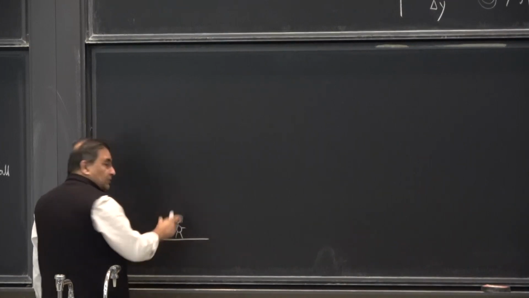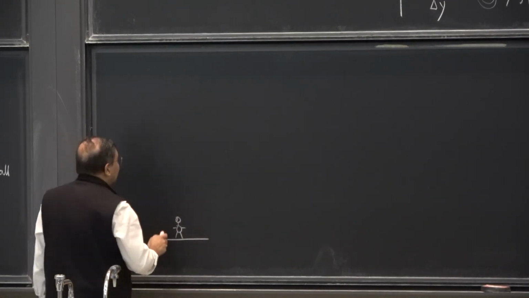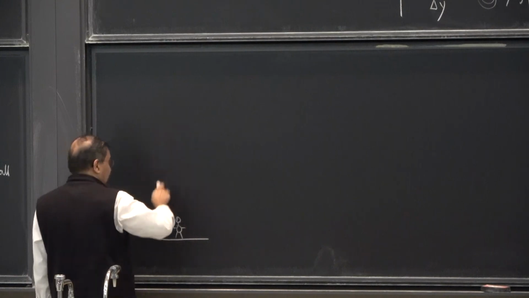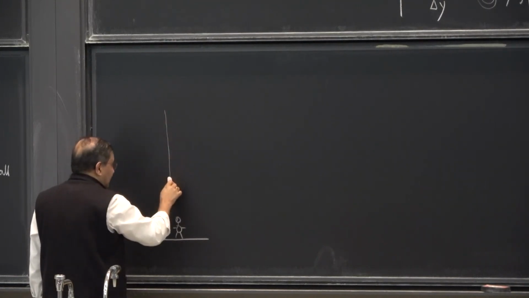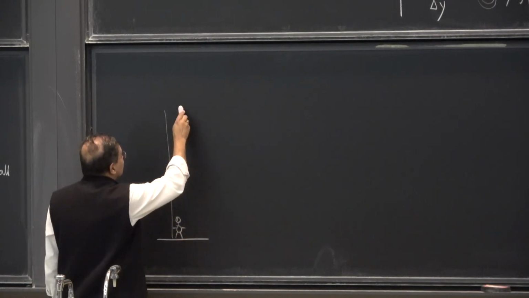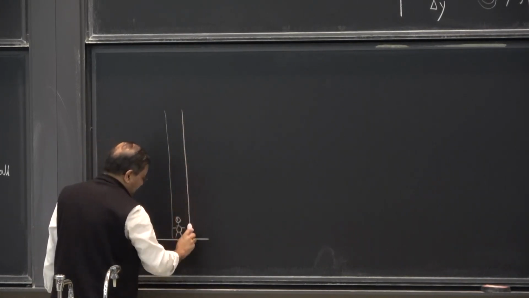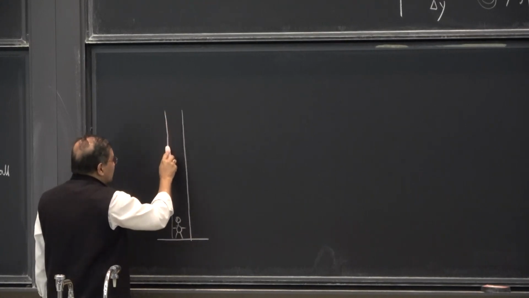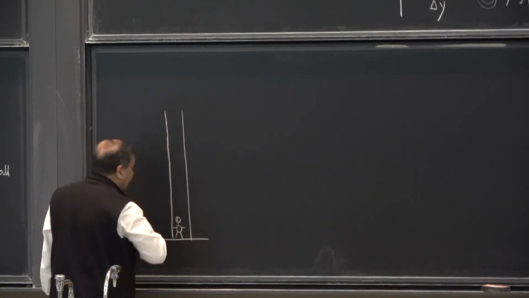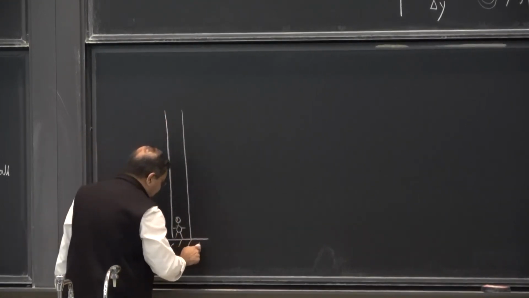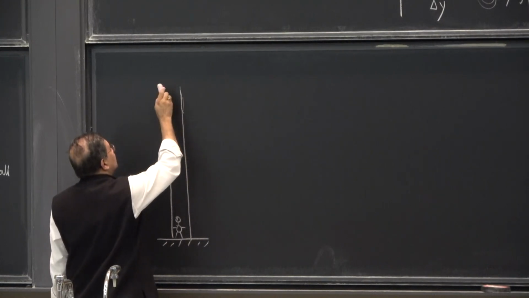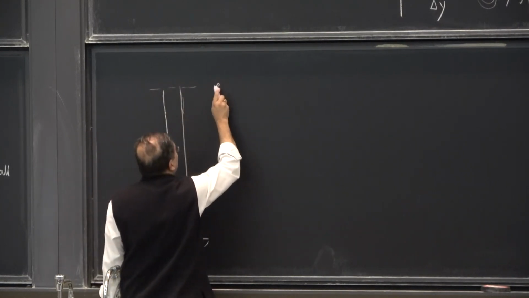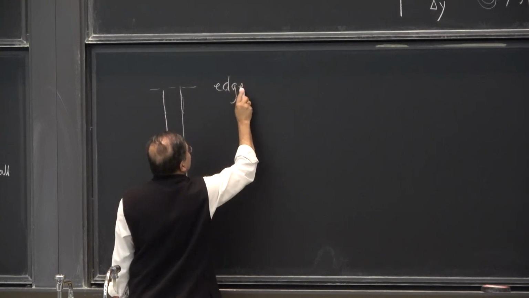Hypothetically, I would never do such a thing, I won't be able to do such a thing, but suppose I can put you in a glass cylinder, a long one. So this is my glass cylinder, there you are. This is the ground level, as I said. And suppose the cylinder is long enough such that it goes to the edge of space. So this is roughly where the atmosphere ends.